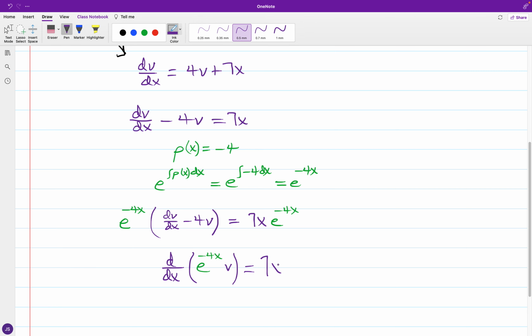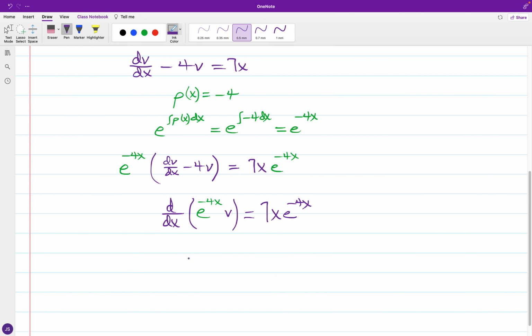We have that equal to 7x times e to the negative 4x, and integrating with respect to x on both sides, we have e to the negative 4x times v equal to the integral of 7x times e to the negative 4x dx.